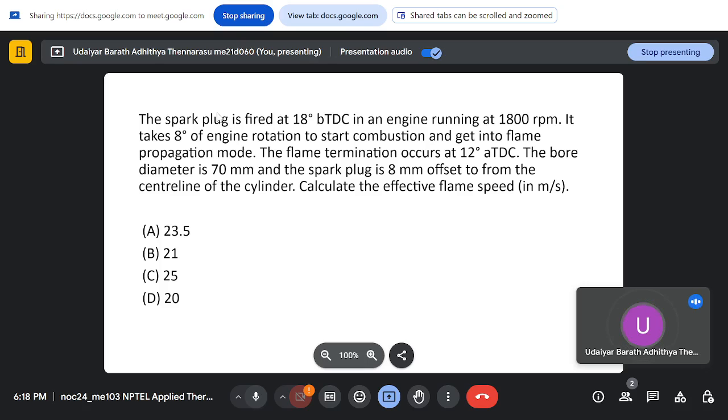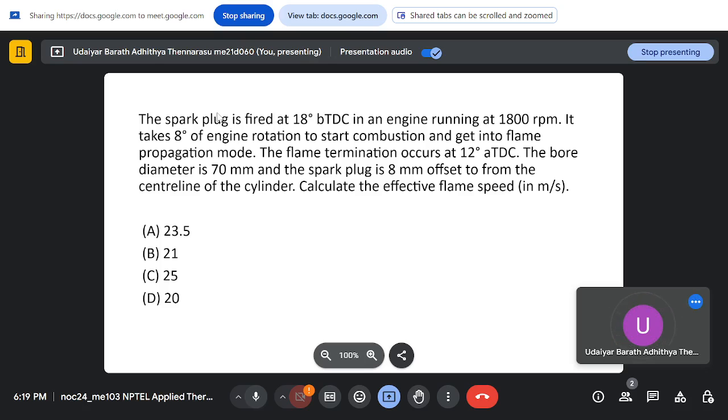Suppose the top dead center happens at 90 degrees, so the cylinder is at the top position. 18 degrees before this, your spark plug is initiated and the spark is created, and it takes 8 degrees, so 10 degrees before top dead center the combustion is started and the flame is propagating.